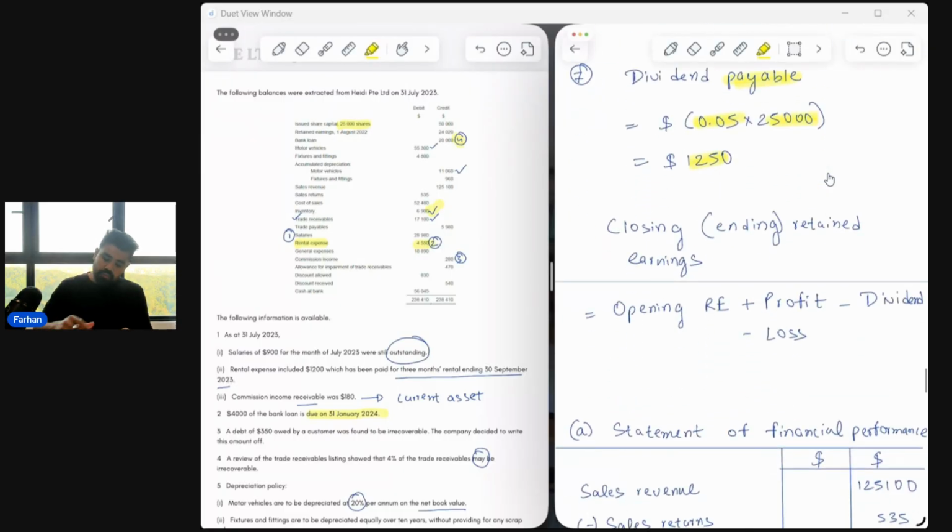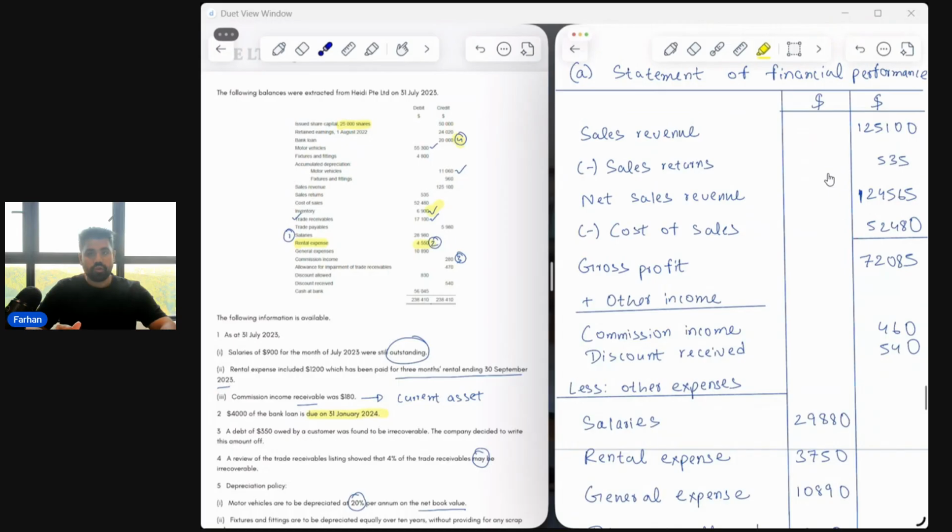So if you want to find the retained earnings at 31 July 2023, you will take the opening amount, which we are given here, 24,020, and then you will add any profit for the year. If you have got a loss, you will subtract it instead of adding profit. And then lastly, you will subtract dividend, okay? So at the moment, we don't know the profit or loss. So that's what we will figure out by doing the statement of financial performance, all right?